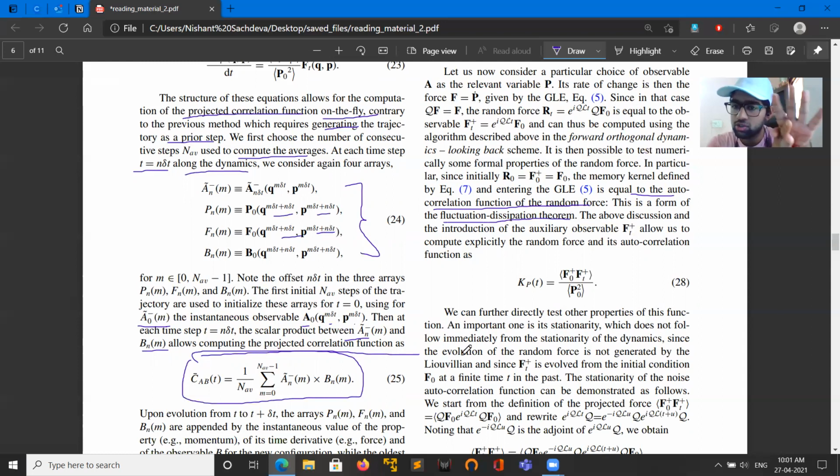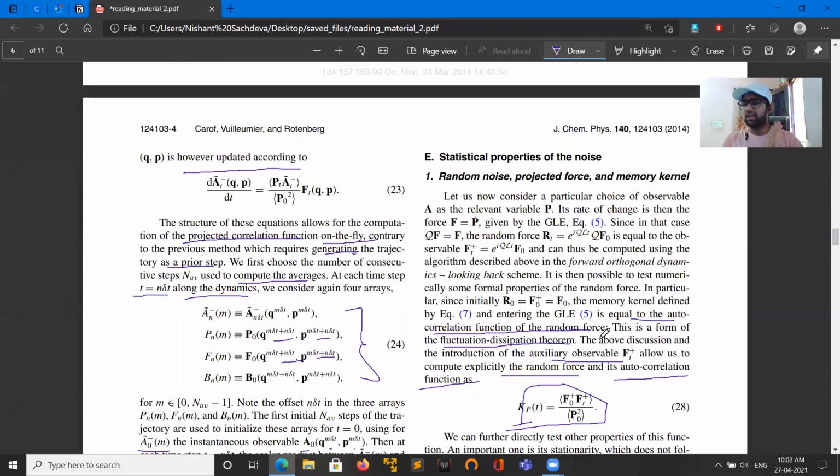The discussion so far, and the introduction of the auxiliary observable F_t plus, will allow us to compute explicitly the random force and its autocorrelation function as K_P(t), this expression here.